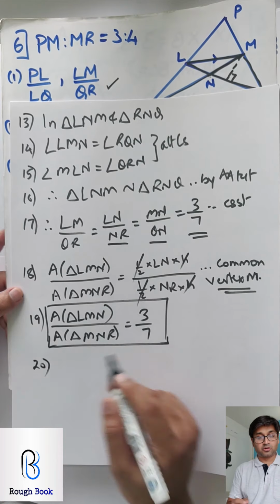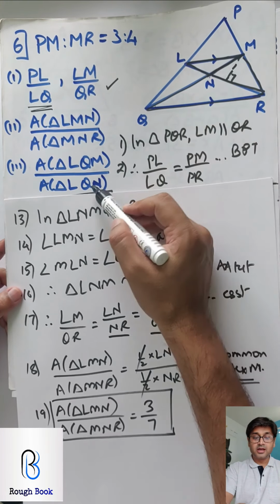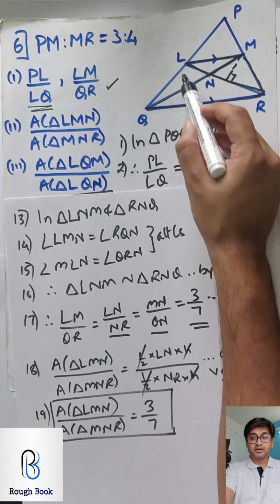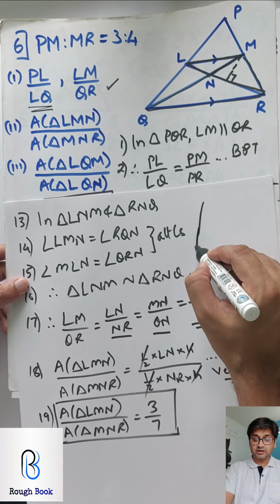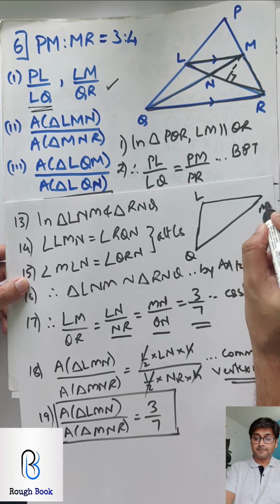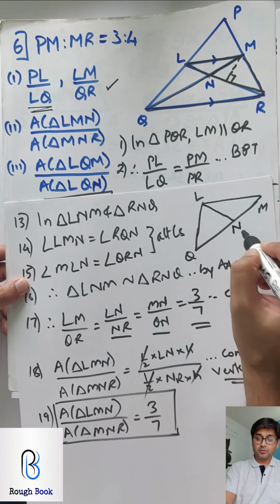Slightly tricky but logical. Now for the last one, LQM big triangle and LQN small triangle. Again, you can't prove them similar. They've got a common vertex L. So I'm just pulling those triangles out. This is how they will look. So it's going to be LQM, the big triangle, and LQN, the small triangle.